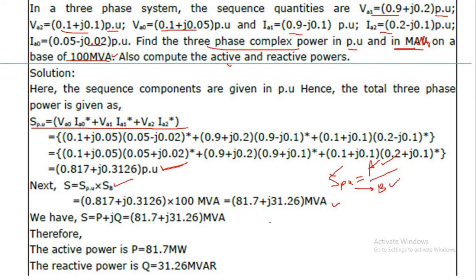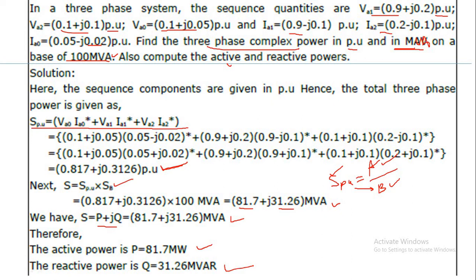And also, we have the complex power, so that you can calculate the active power and reactive power. Very simple, just look here: S is nothing but P plus JQ. So P is nothing but 81.7, Q is nothing but 31.26. So the active power is in megawatts, reactive power in MVAR.